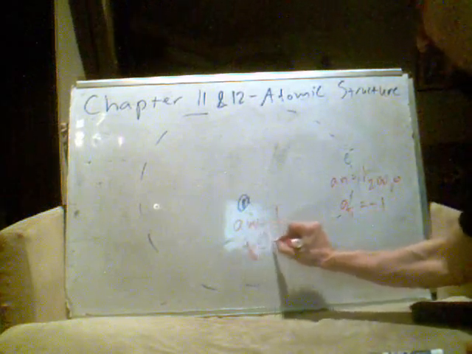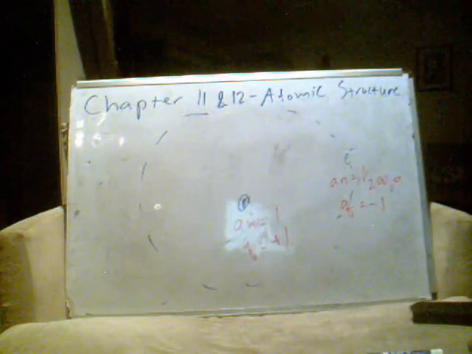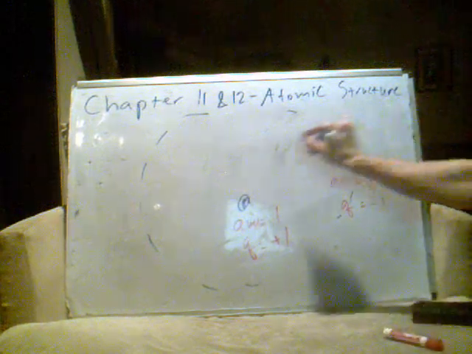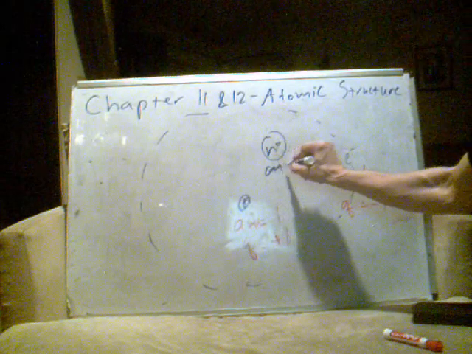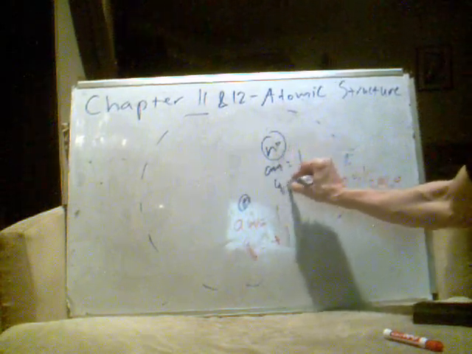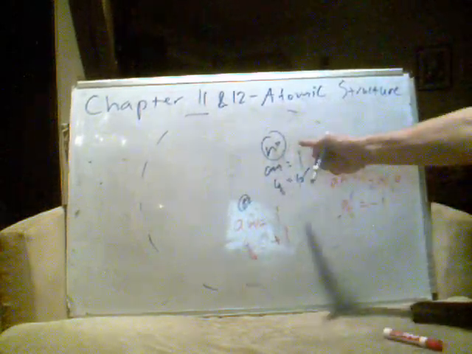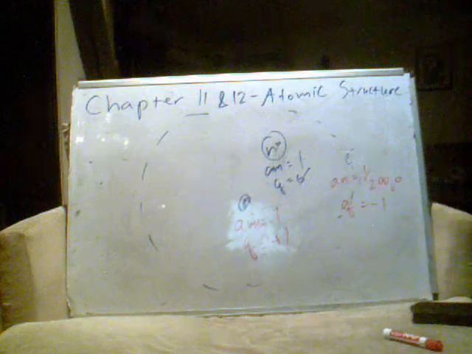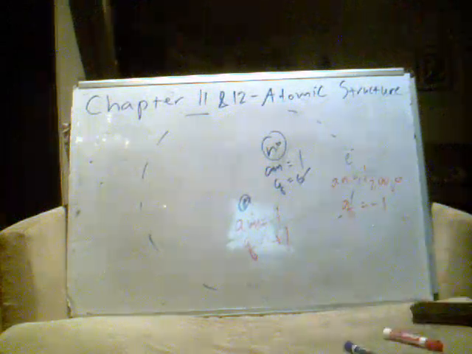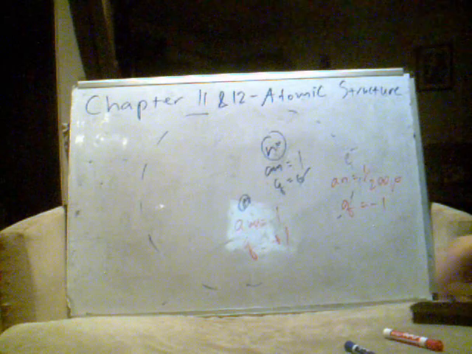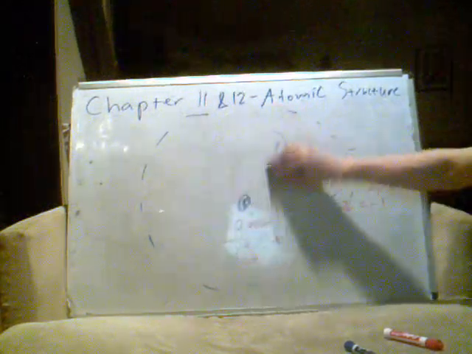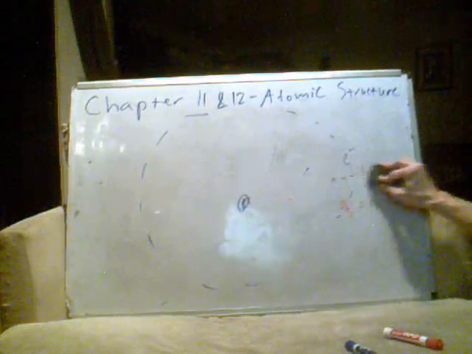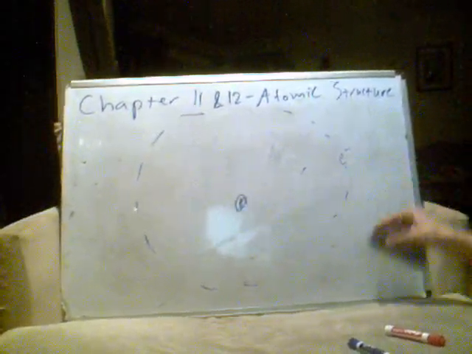Protons have a charge of +1. There's another particle, of course, the neutron, and it has an atomic mass of 1, but no charge. Neutron for neutral, right? In any case, the protons and the neutrons always live in the center of the atom, what we call the nucleus.